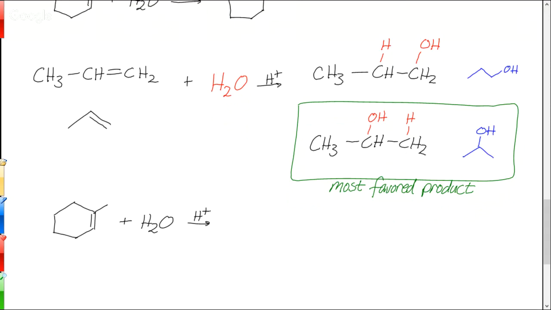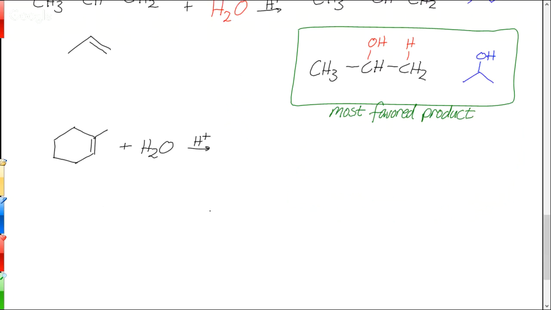Remember, getting rid of the double bond, you're going to put the OH, but you have to determine which carbon it's going to go to. So did you get this one? So it just removes the double bond and keeps the rest.